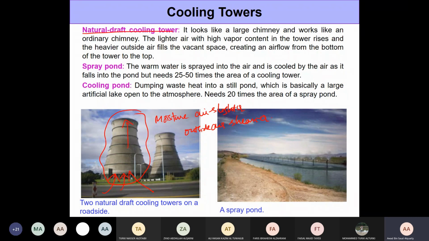So this airflow is basically caused because of the difference in the density or the mass of the moist air as compared to the outside air, which contains less moisture, and also because of the way this is shaped, right? So here you don't need a fan, but of course the shape and the way it's designed ensures that you have continuous airflow, and essentially the same process is done. Now, apart from this, Doctor, yes, go ahead.